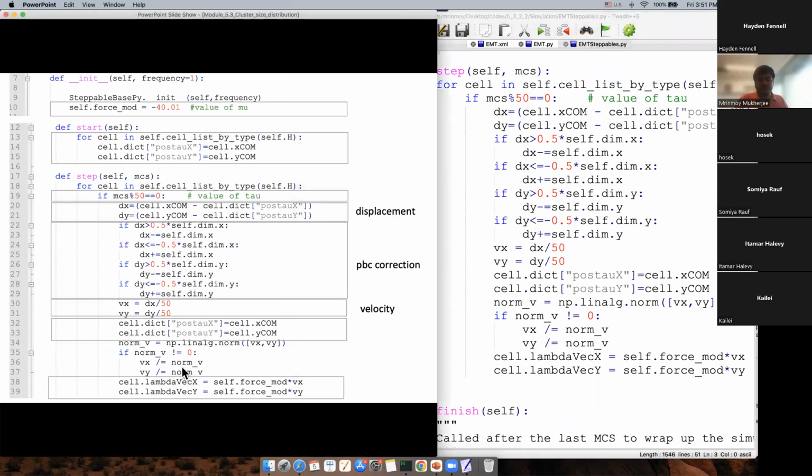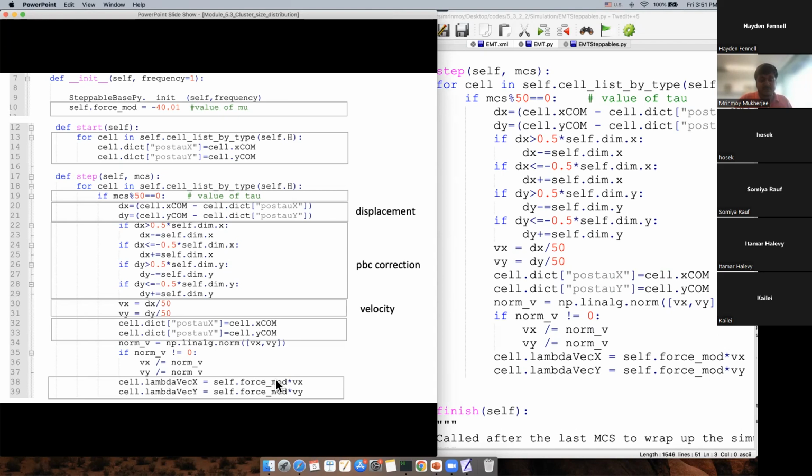And once you get the direction after normalization, we'll update the lambda vector. This is the component of the external potential in CC3D. We'll update lambda vector X and vector Y with this Vx and Vy.